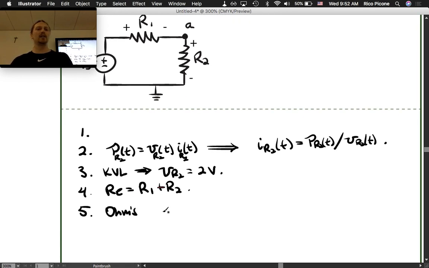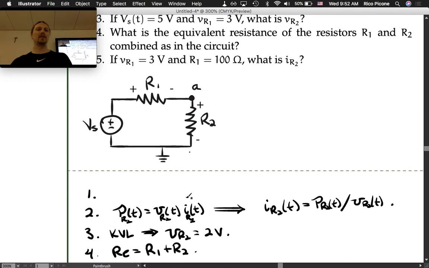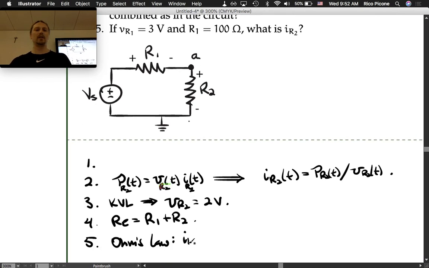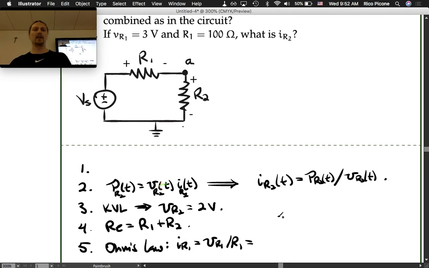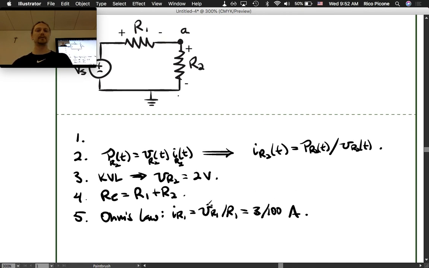Ohm's law gives us that the current through R1 is 3 over 100, and the units are going to be amps.